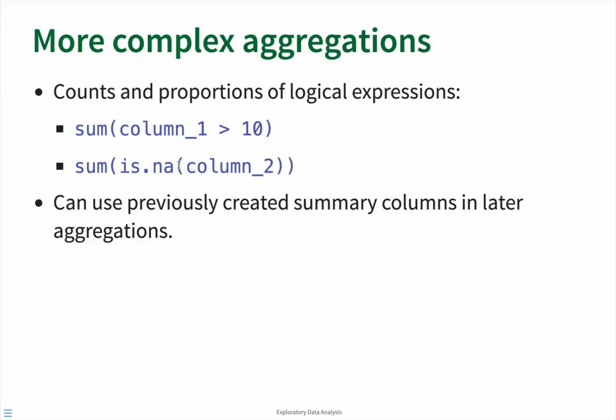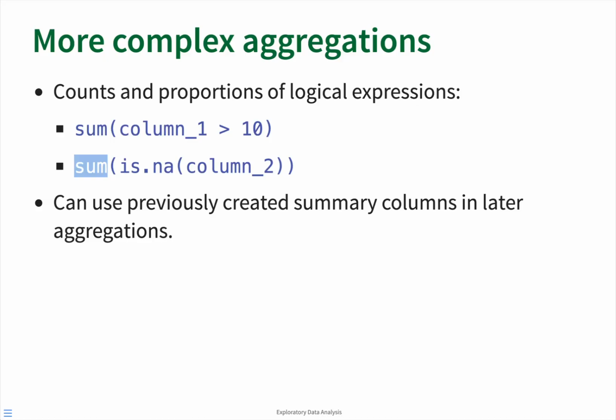Similarly, in this second example, we're using a function called is.na, which checks to see whether a value is an NA value, a missing value. And by supplying this column within the is.na function, we go through every value in column 2 and check to see if it's NA or not. And the result will be a vector of trues and falses again. And then the sum function adds that up. And so it's going to add up a 1 for any output of is.na that's true, right?